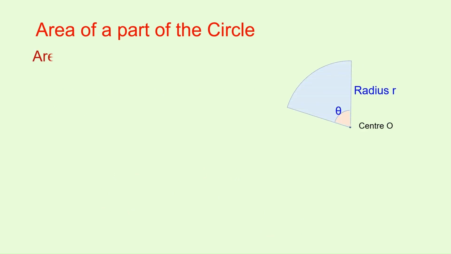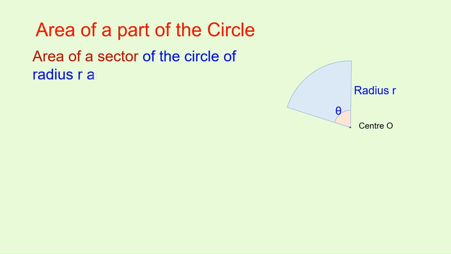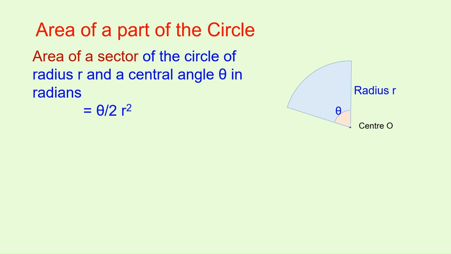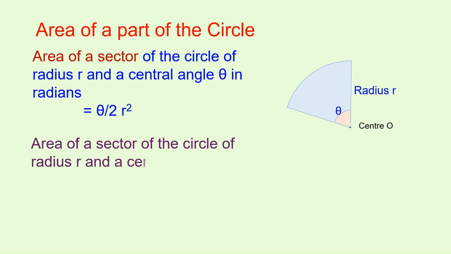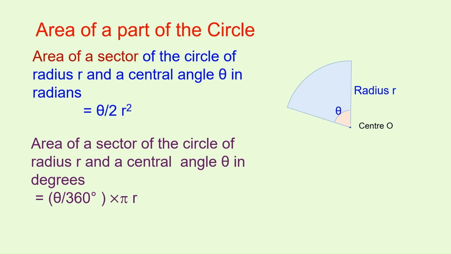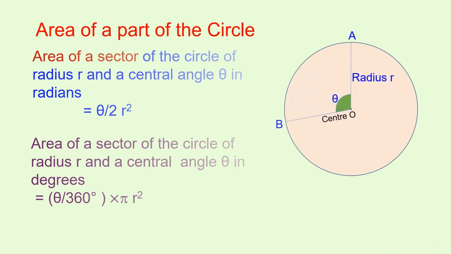Area of a sector of the circle of radius r and a central angle theta in radians equals theta divided by 2 times r squared. Area of a sector of the circle of radius r and a central angle theta in degrees equals theta divided by 360 degrees times pi times r squared.